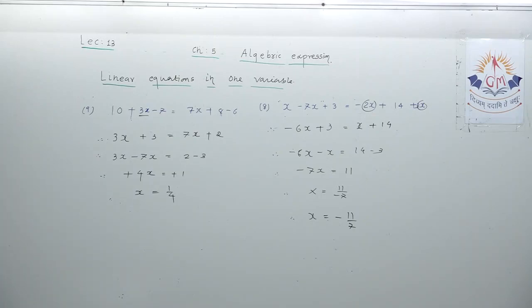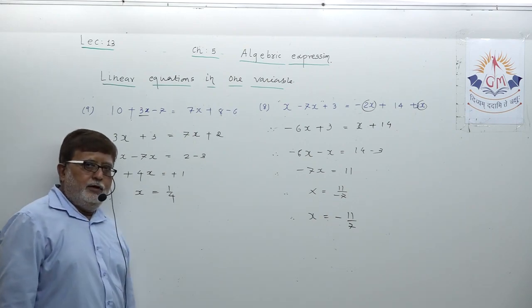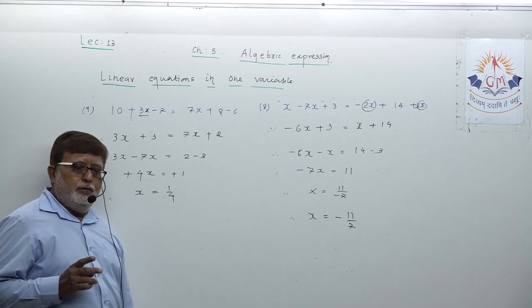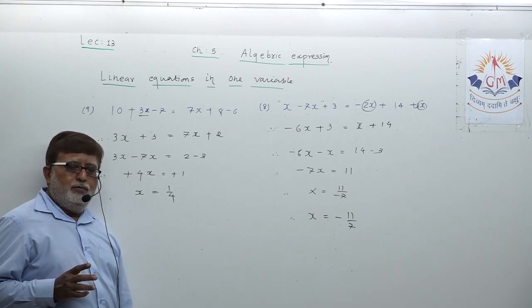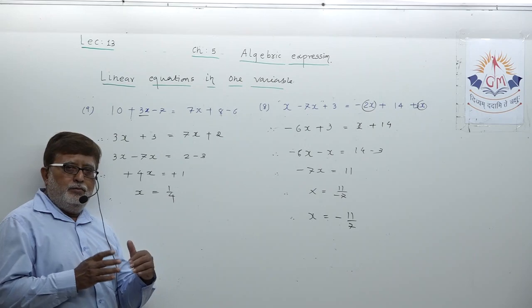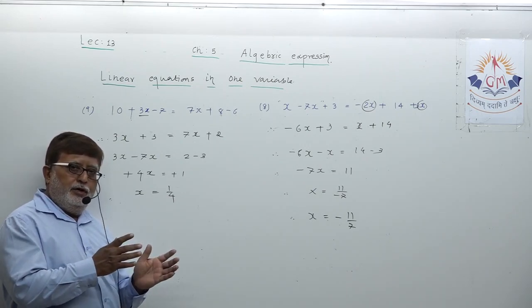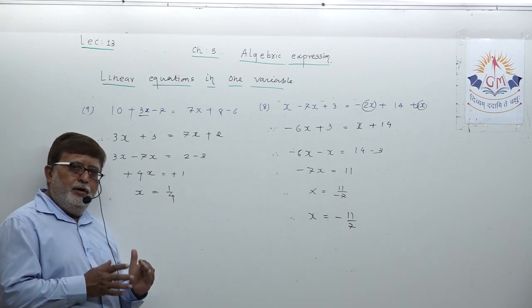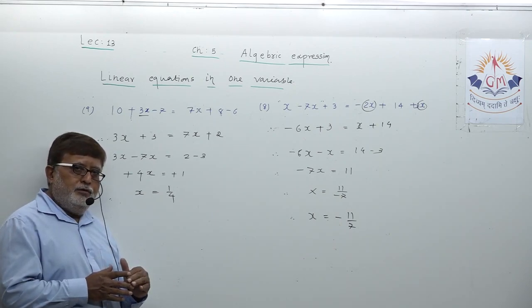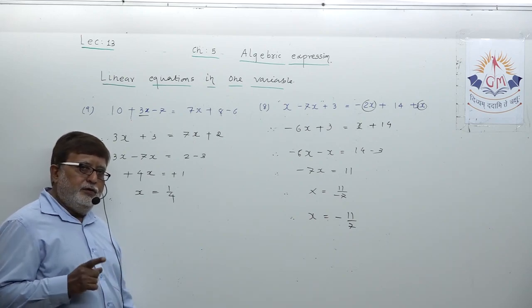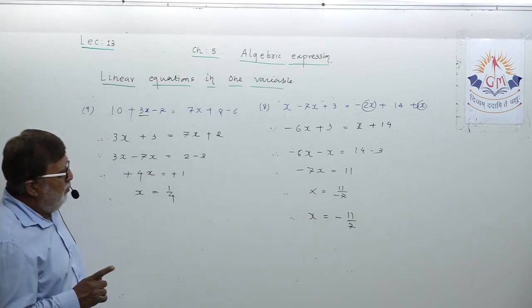Here I have seen students most of the time making lots of sign mistakes. Even though they are clear about one thing, that when terms are transferred from left to right and right to left, sign change is compulsory as per the rule. But here I have seen students making mistakes.